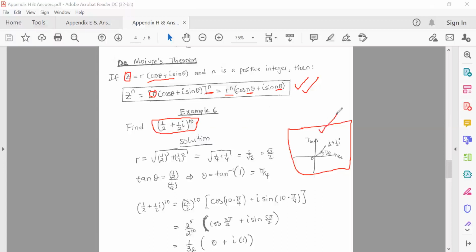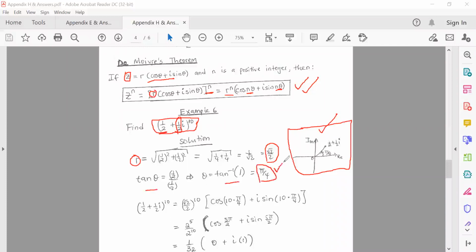It means you need to start by plotting this to see what quadrant it lies in. All right. Now that you've done that, we can compute r, obviously. You just take the square root of the real part squared plus the imaginary part squared. And if you do that, you have 1 over root 2, which is the same as square root 2 over 2. Tan theta is the imaginary part divided by the real part. Therefore, theta just becomes tan inverse of 1. Again, tan inverse of 1 is pi over 4.